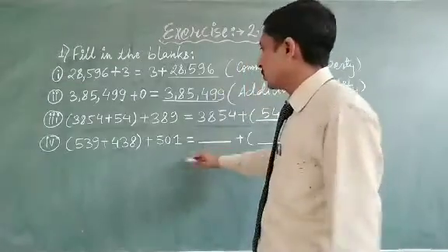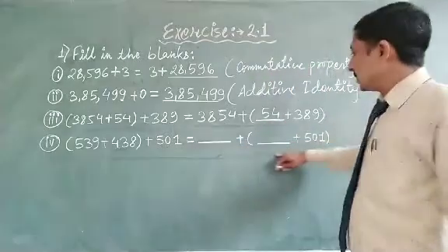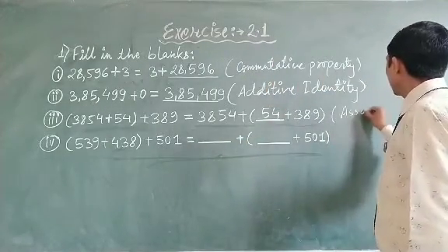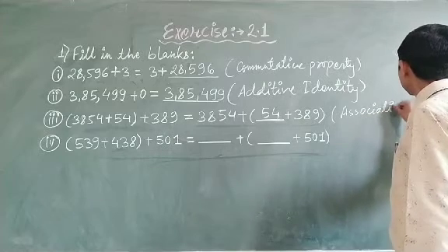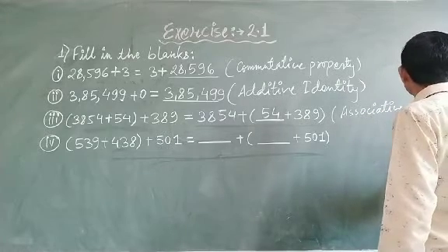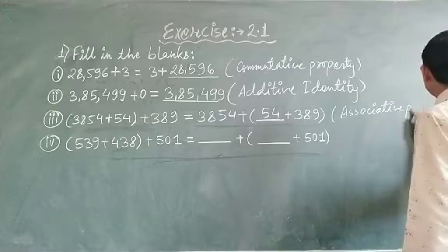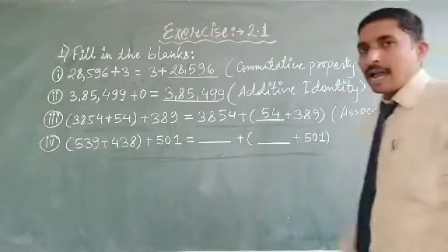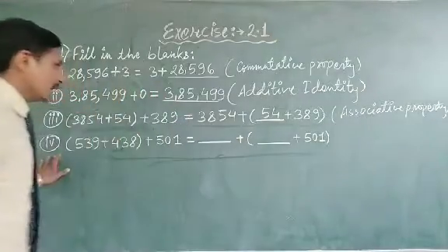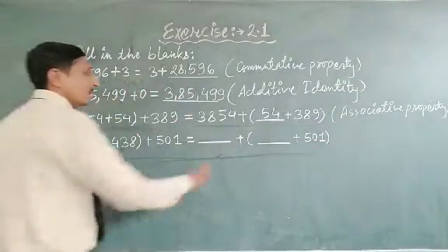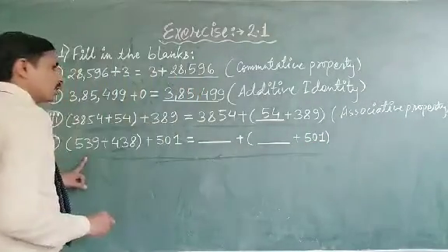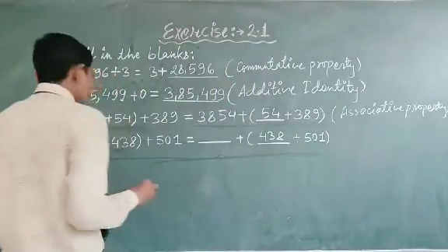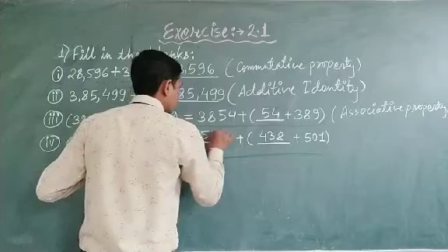The next question is also given here, which also uses the associative property, and we can write associative property here. Now question number 4. In question number 4, 501 is present here, so this will be inside the bracket and this number will be outside the bracket.